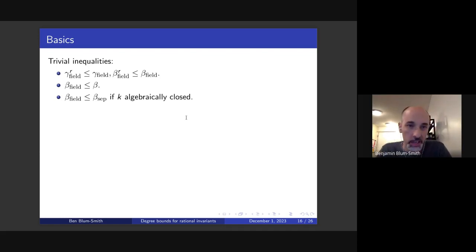So here's some basic stuff. The 4 quantities I defined are related by these inequalities. The first 3 are totally trivial. If you allow yourself rational generators, the rational potential generators contain the polynomial potential generators properly.